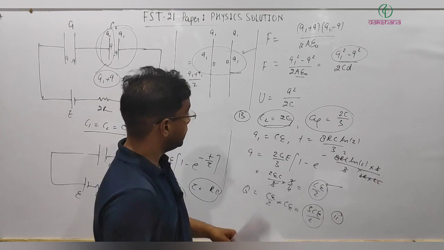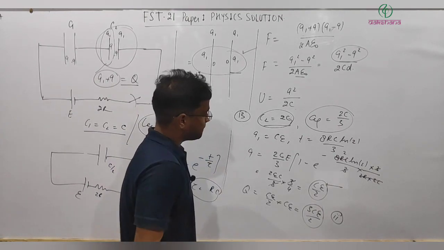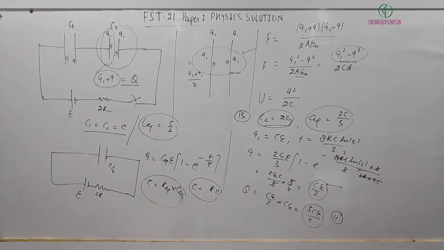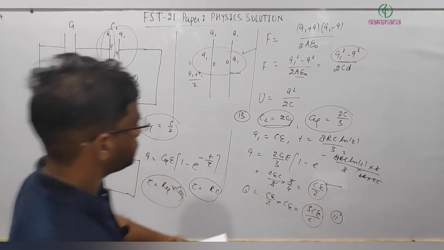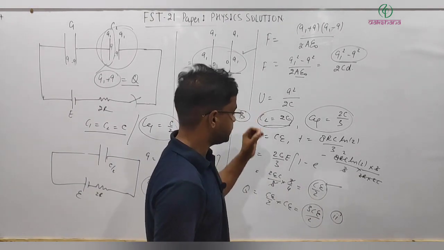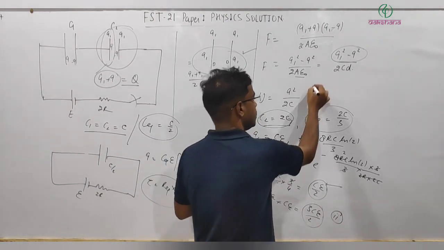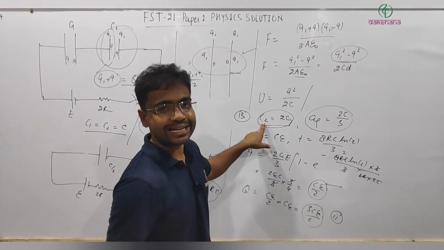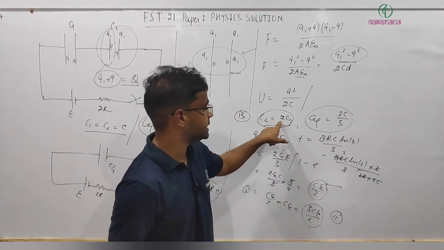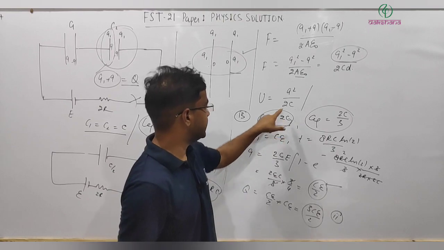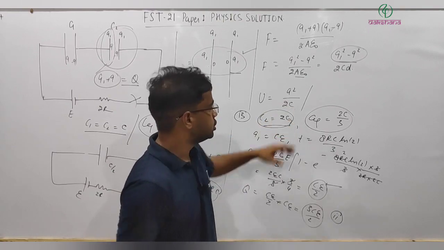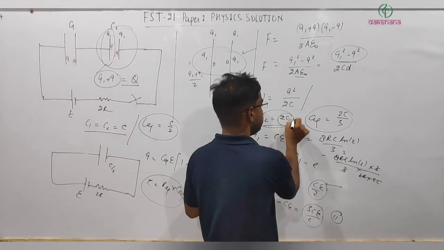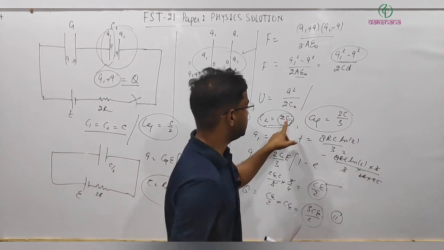In question number 13 for energy, we just need to take a little bit of care, because dielectric has been inserted. So C has changed, whereas earlier it was just normal C. So C will be replaced by C2, and C2 will be replaced by 2C.